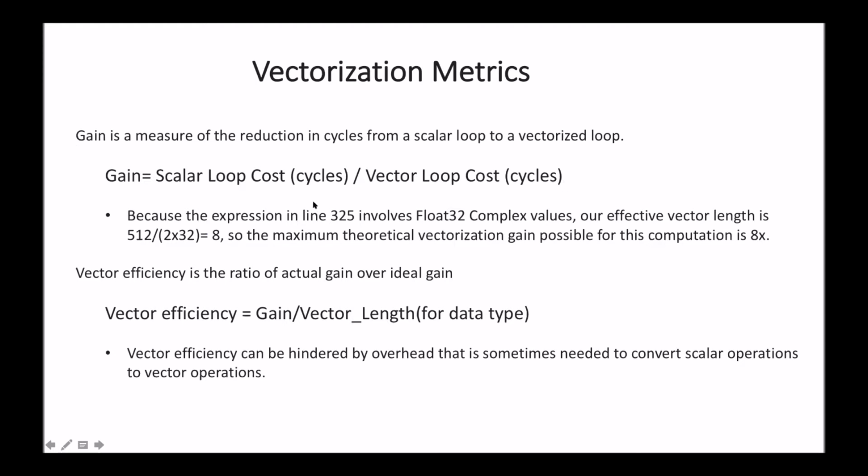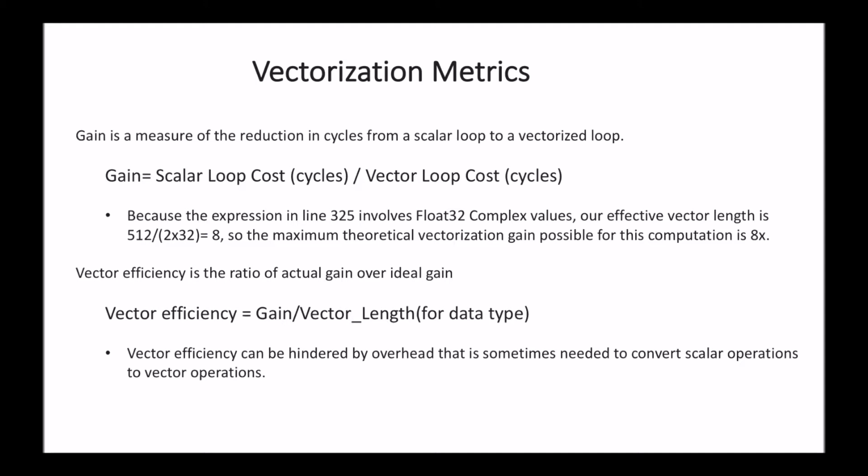And then because our expression in line 325 involves float 32 complex values, our effective vector length is 512 divided by two numbers times 32, which equals 8. So the max theoretical vectorization gain possible for this computation is 8 times.